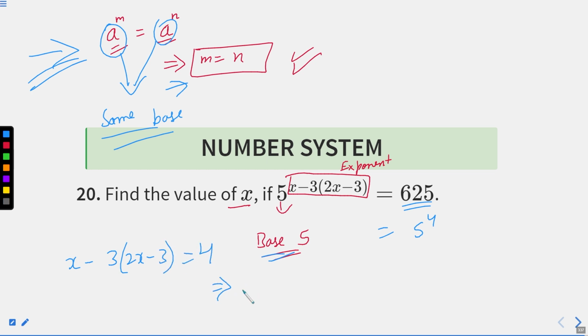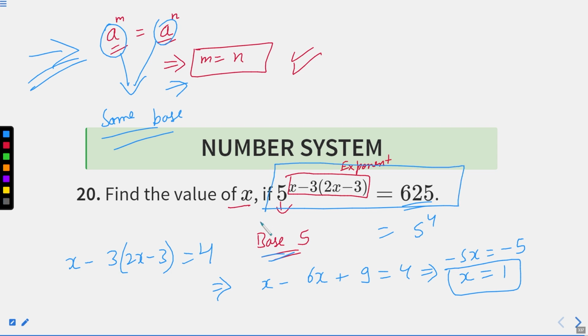Solving it further gives 6x plus 9 is equal to 4, which further gives minus 5x is equal to minus 5, and therefore the value of x is 1. So the value of x is equal to 1, which satisfies the given condition.